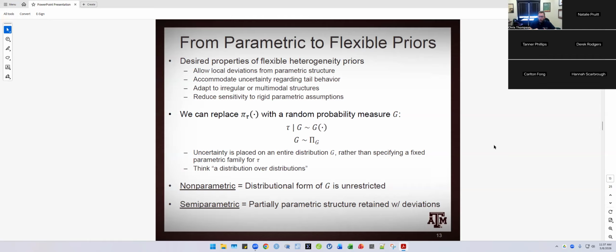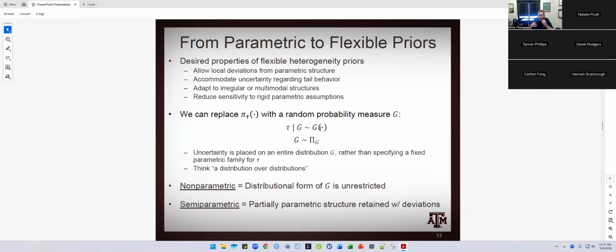One way that this is commonly completed is instead of placing a prior distribution on the parameter tau, we model tau as a random probability measure itself, and then affix some sort of non-parametric prior to that.